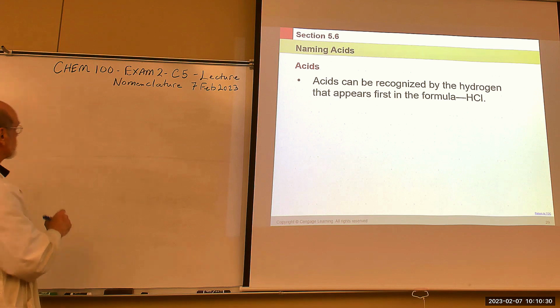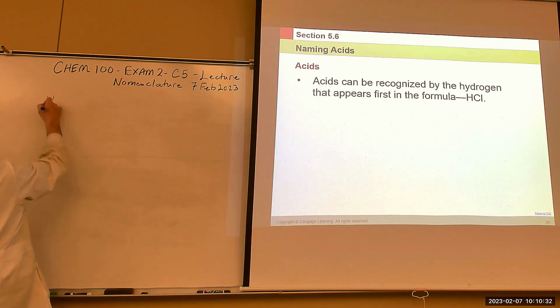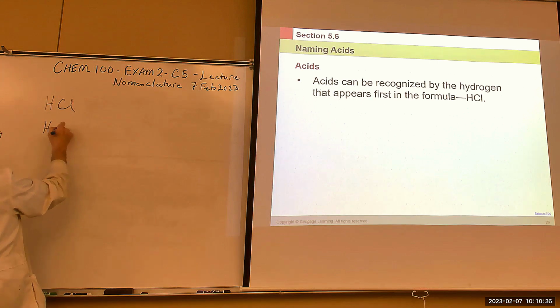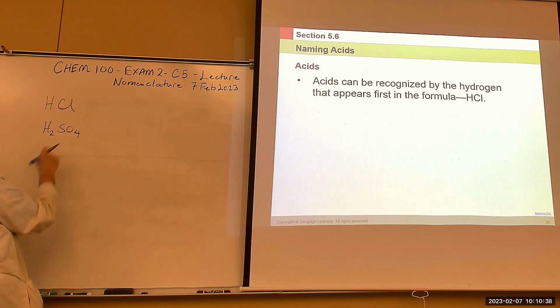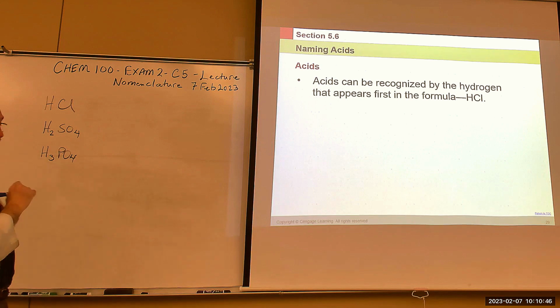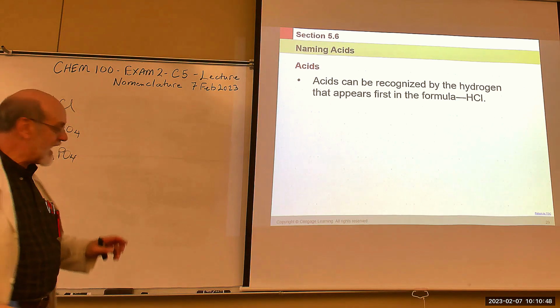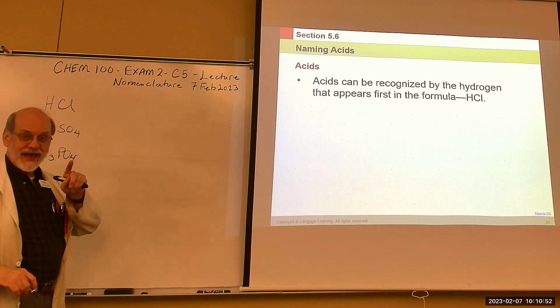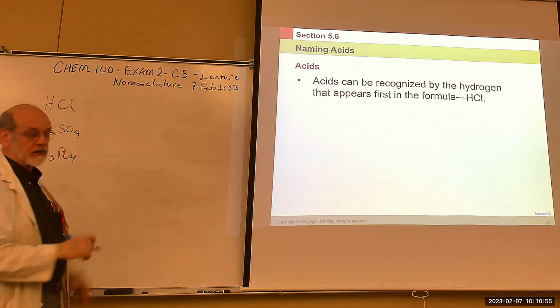Now, you recognize them by the first hydrogen in the molecule, like this one, or like this one with a polyatomic, or like this one with another polyatomic. Okay, those are acids, but they're only acids if they're dissolved in water.